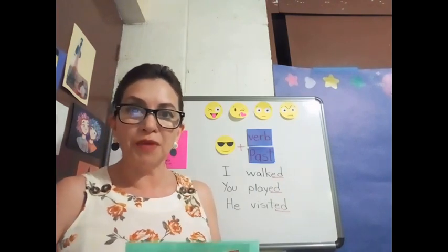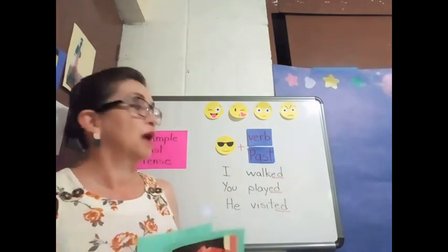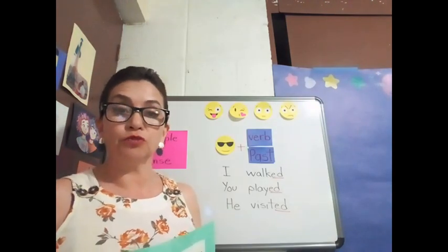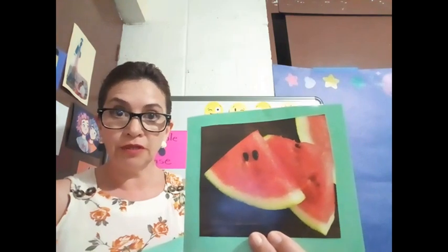We don't need any other verb, just the subject and the verb in past tense. And now we're going to make some sentences. I walked to buy some watermelon at the supermarket.